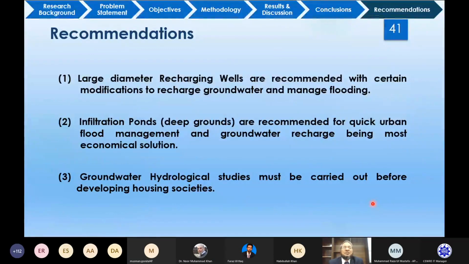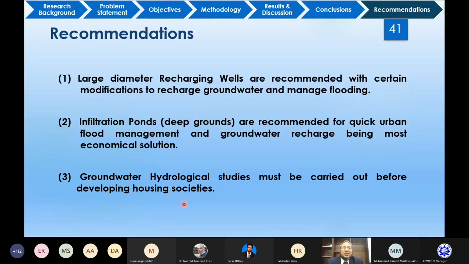Now my recommendations. Large diameter recharging wells are recommended with certain modifications to recharge groundwater and are very good for managing flooding. And infiltration ponds, meaning the deep grounds, are recommended for quick urban flood management and groundwater recharge, being the most economical solution.